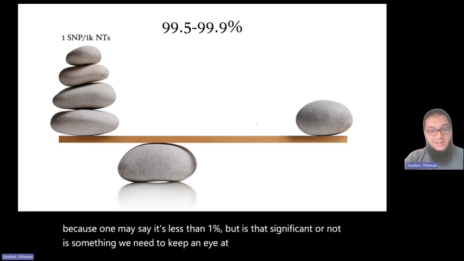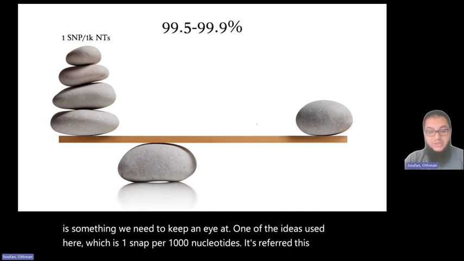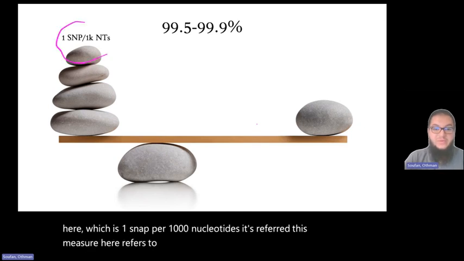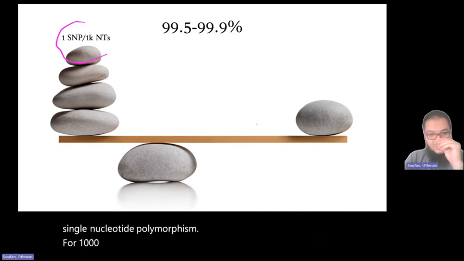One of the ideas used here is 1 SNP per 1,000 nucleotides. This measure refers to the frequency of one single nucleotide polymorphism per 1,000 nucleotides.